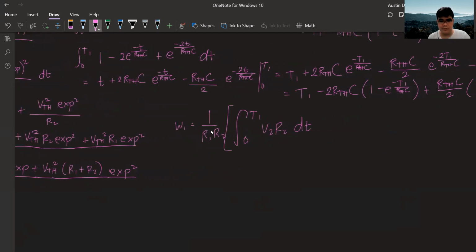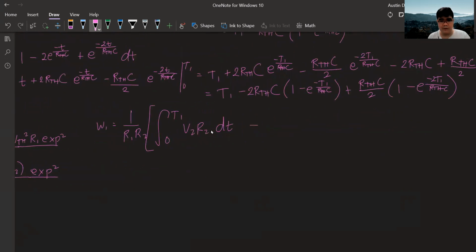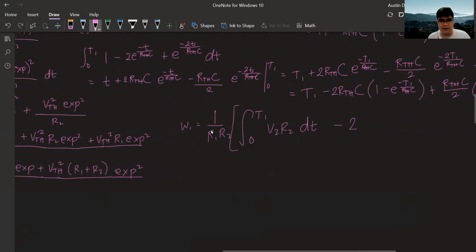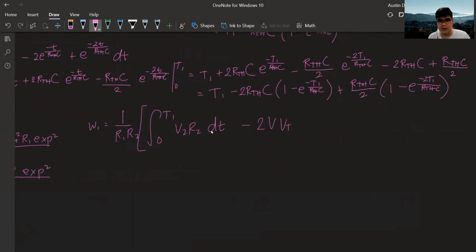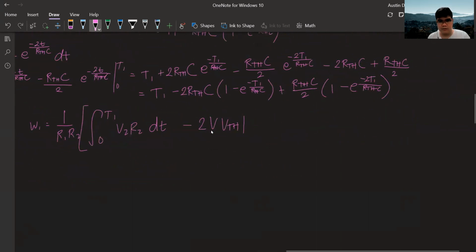And then the second term would be negative 2 V V_th R2, and then the integral of the exponential, which we know already, dt.